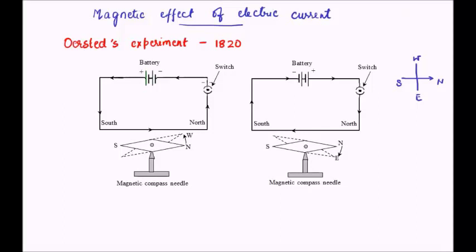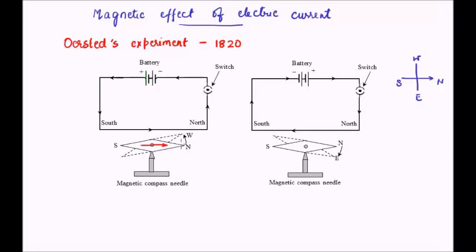Now what he observed was that when the current was flowing in this direction and a magnetic needle was placed below the wire, if there were no magnetic field present, then the magnetic compass would have pointed in the south-north direction. This is my south-north, this is west, this is east. So ideally, in the absence of any magnetic field, the compass should direct towards the Earth's magnetic field, that is south-north.